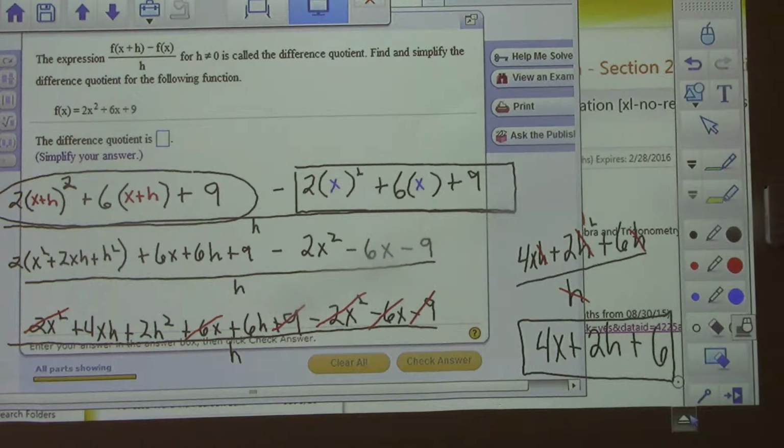Your calculus answer would be 4x plus 6, but you'll get to that eventually. So that's your final answer. Does that help you? Kind of helps to have some highlighters on this one.